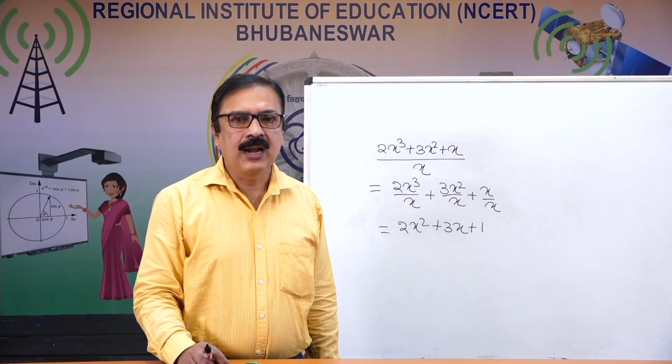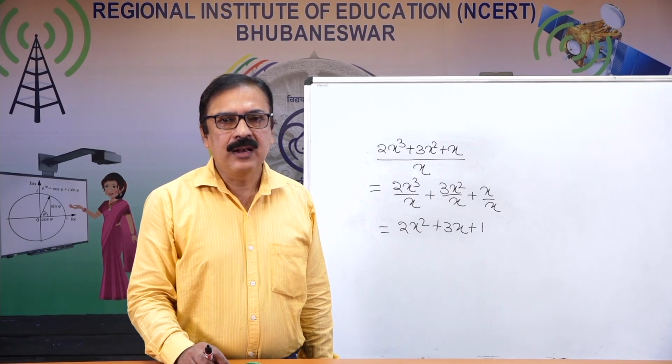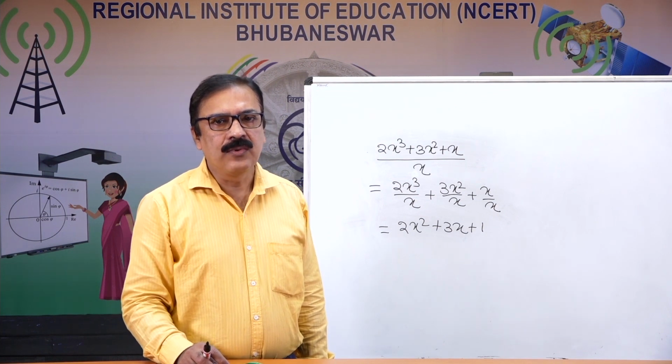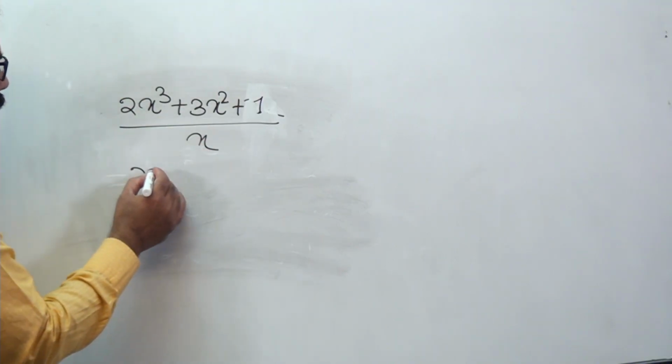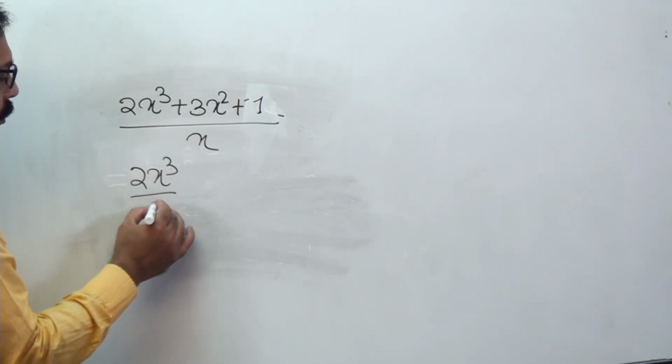Let's consider another division, that is 2x cube plus 3x square plus 1 by x. What happens in that case? If we divide by x, then the first term is divisible by x.